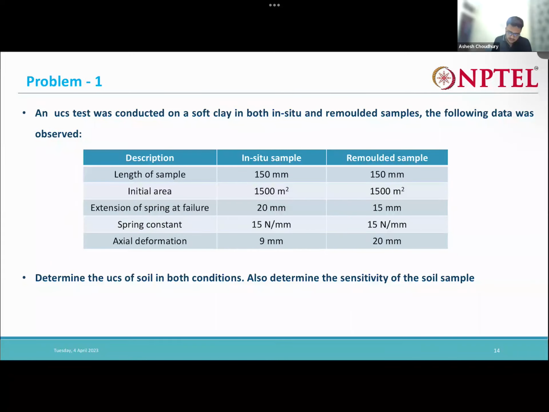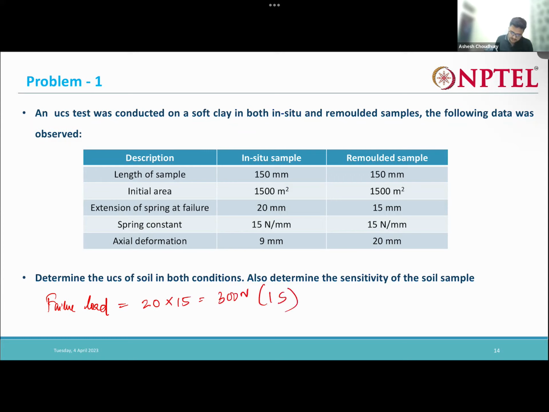Okay. So now let us calculate the failure load. So 20 mm, so 20 into 15, 300 Newton in case of in situ.